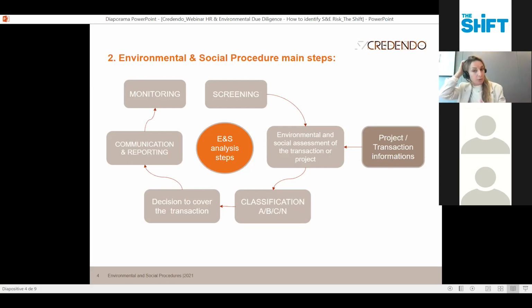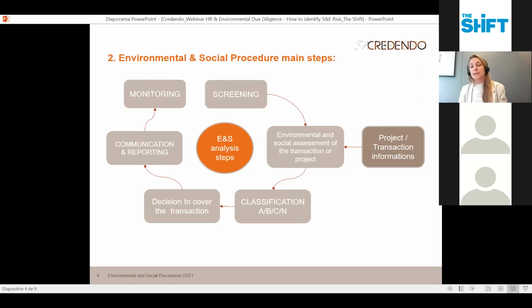And this will need a lot of information exchange with the exporter, but maybe also with the debtor, the company who made the contract with our exporter.